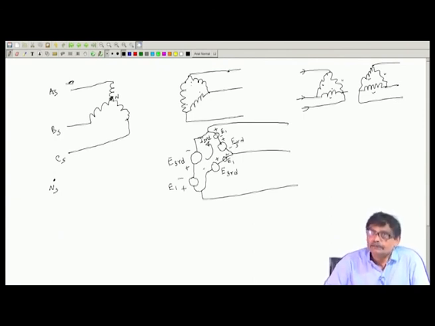Therefore, having a delta winding on a transformer connection becomes perhaps a very good option. In a transformer connection, if one winding is delta, at least you can get relief from these third harmonic problems, you do not have to think too much. So, we will continue with this in the next class. Thank you.